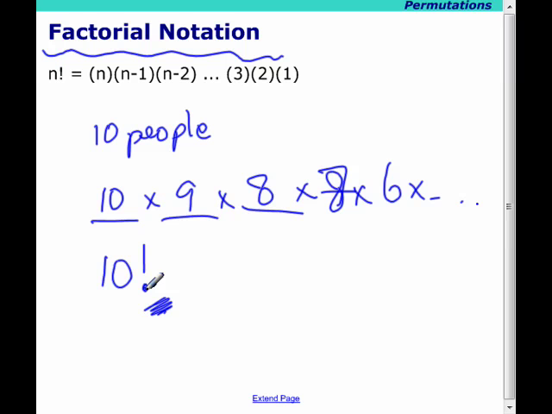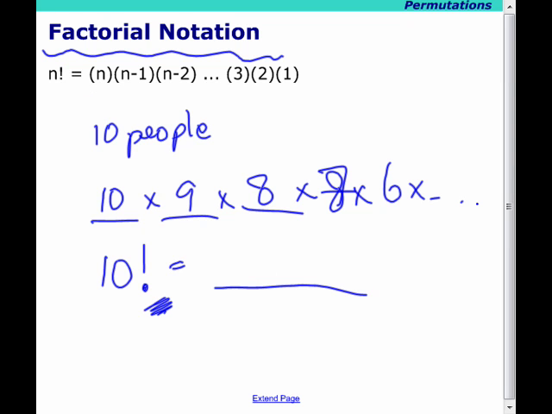You can find it on your scientific calculator. If you have a graphing calculator, usually if you hit math, it'll be in one of those little menus down there, a factorial button. Anyway, you just type 10, hit the factorial button, and it'll pop out the number of different arrangements that you could get. But factorial is used when you use one and you can't use it for the next one.